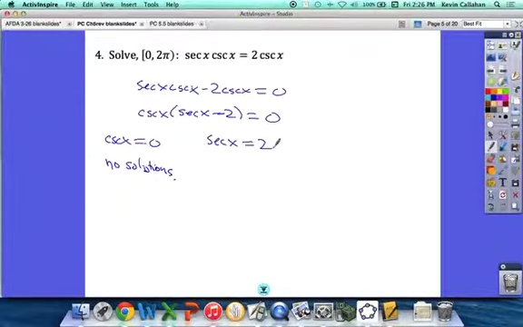If you did go through these steps, you would come to that point and say, no solutions. Now, secant x equals 2, you should switch that to a cosine. If you flip both sides, you're going to get that the cosine of x equals 1/2. Secant is 1 over the cosine. We did that kind of flip in the homework on that section, so it's not like you hadn't seen that before. You get to a secant equals 2 or a cosecant equals 2, then you should know to flip them. Where does cosine x equal 1/2?